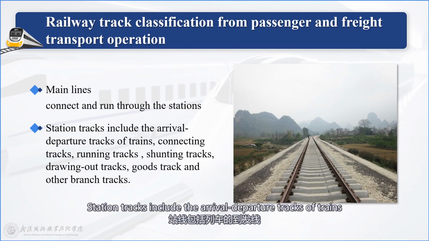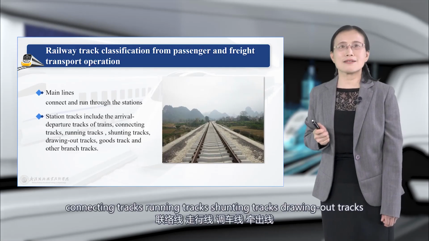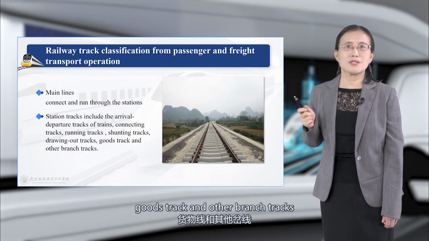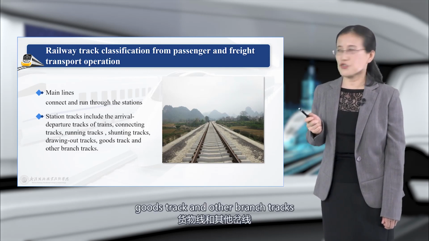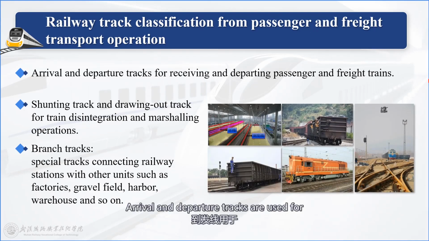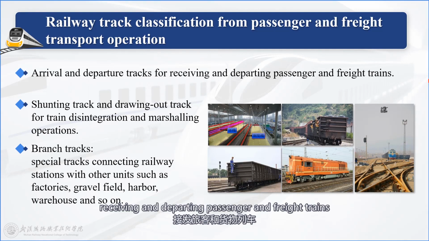Station tracks include the arrival and departure tracks of trains, connecting tracks, running tracks, shunting tracks, drawing out tracks, goods track, and other branch tracks. Arrival and departure tracks are used for receiving and departing passenger and freight trains.